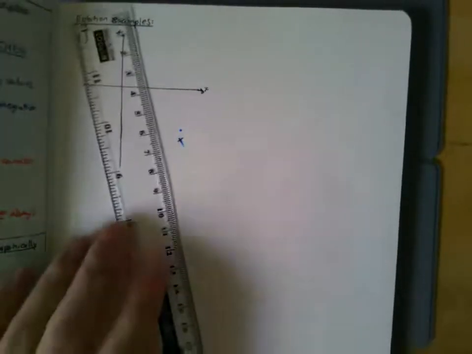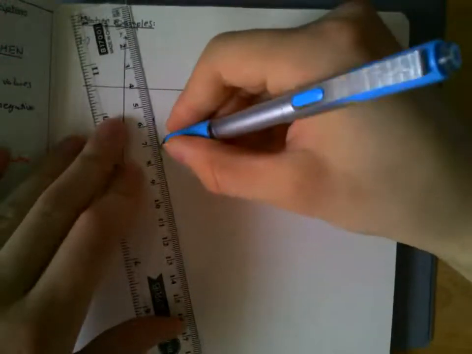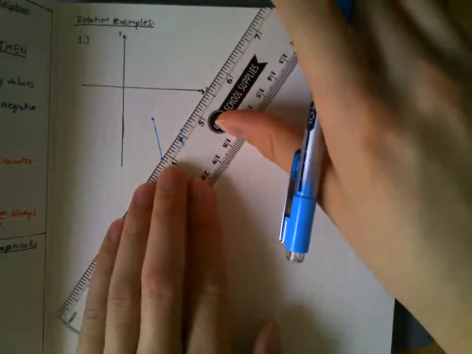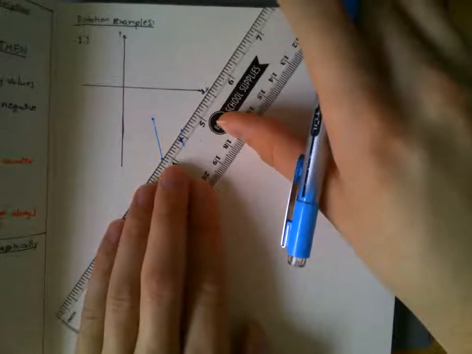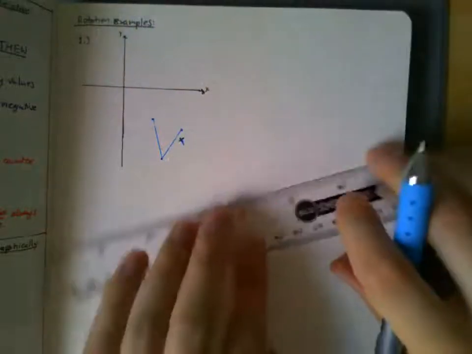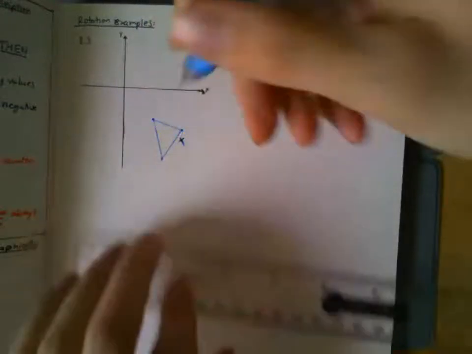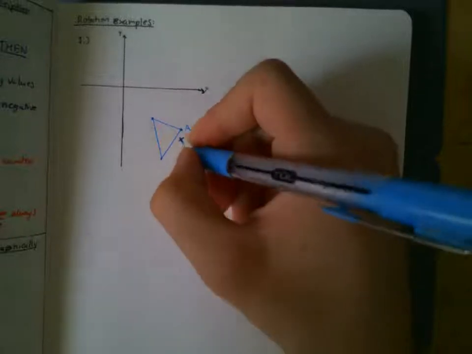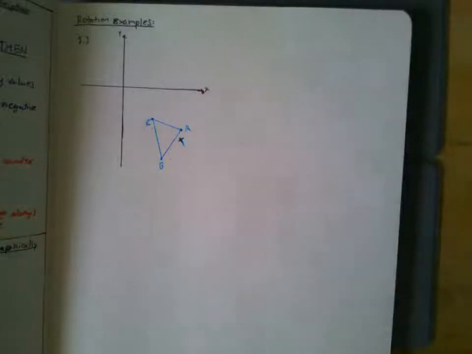Okay. And we're just going to connect our lines and label up our points. So that's A, B, and C. Okay, so there we go.